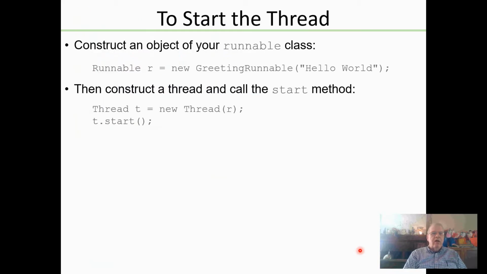But now we have this class, and it is set up to exit once an exception happens. And so now we create the runnable object with Hello World in it, and we create the thread and we start it.